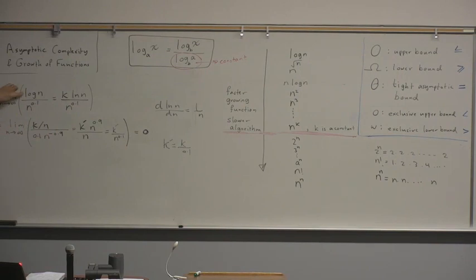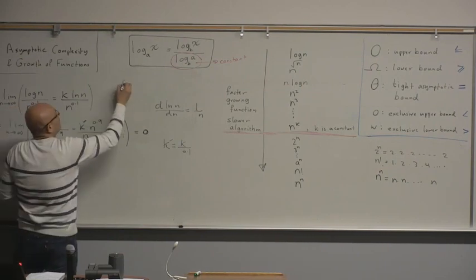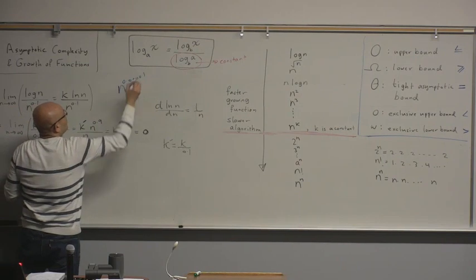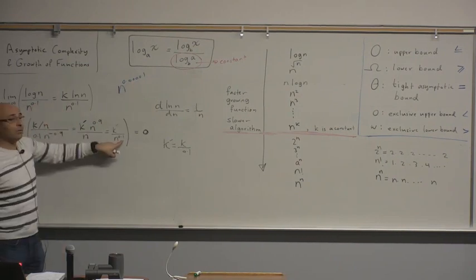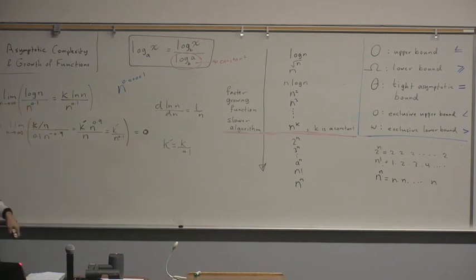So what does this tell us? It tells us that log n is smaller than any polynomial. So even if we replaced n^0.1 by n^0.0001, we will still get n^0.0001 in the denominator, and the limit will still be 0. Right?